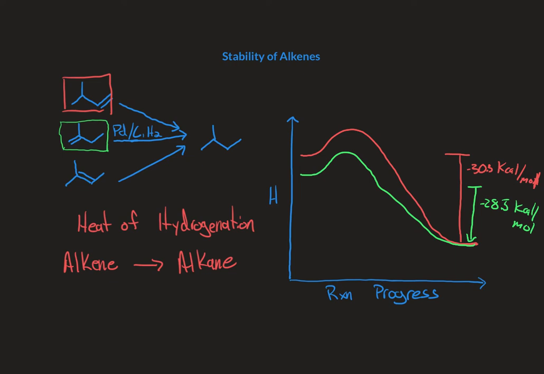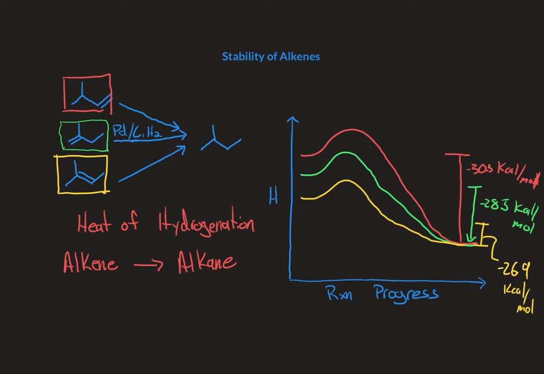And if we look at this trisubstituted alkene, that delta H ends up being negative 26.9 kcals per mole.